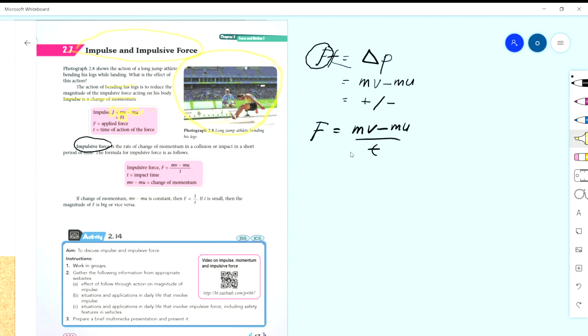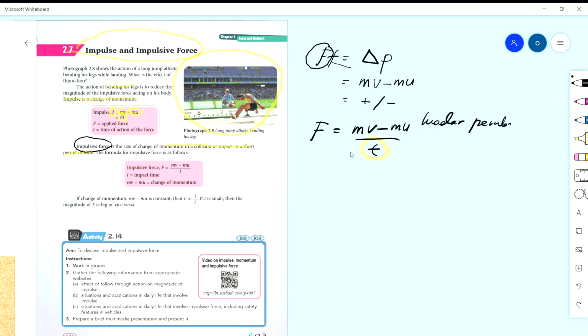So you can see from your textbooks, formula is impulsive force as follows. So momentum is a collision or impact in a short period of time. So T ni sangat-sangat kecil. Dalam saat selalu 0 point something. Okay. So ini kita panggil the rate of change, kadar perubahan momentum.